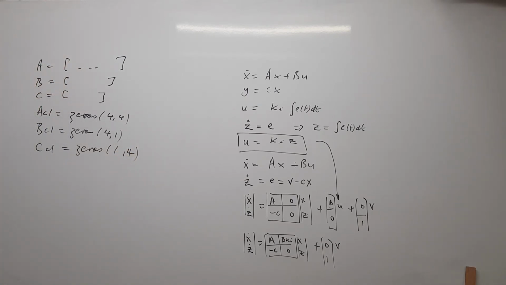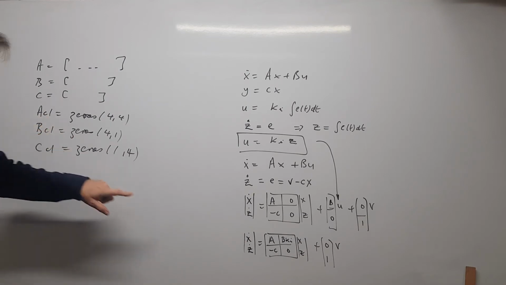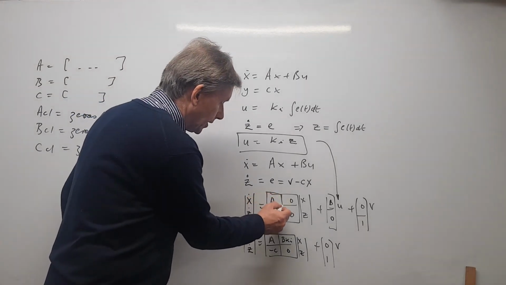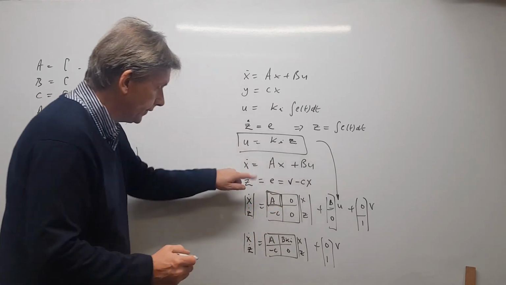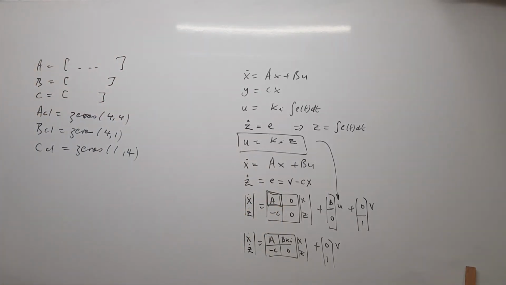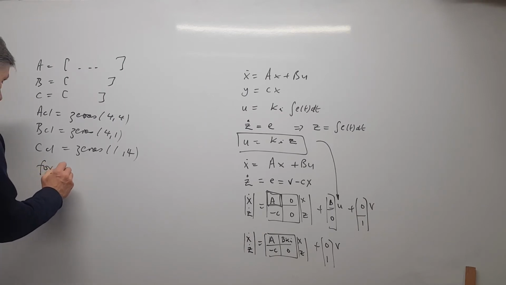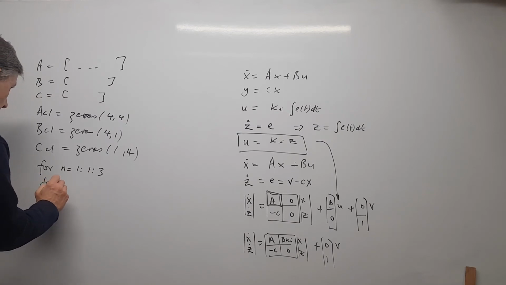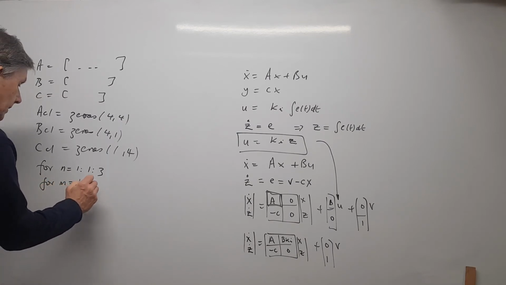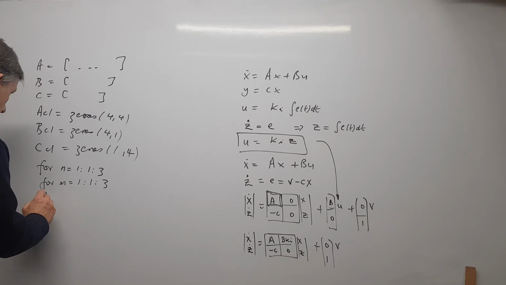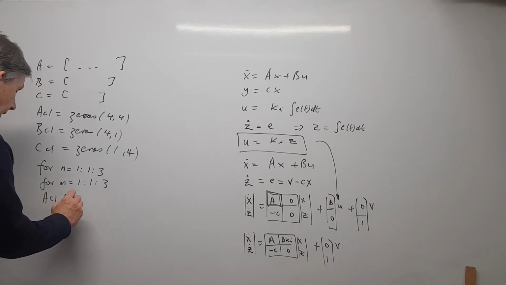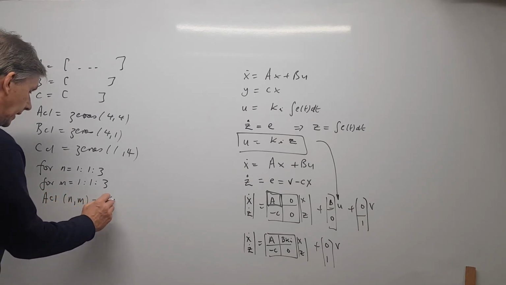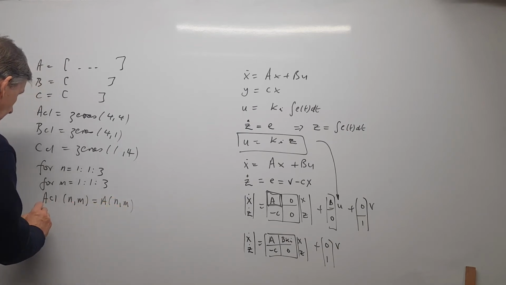Now what I need to do next is, into the ACL, I need to insert the A into this patch here. This is the first 3 by 3. So I'm going to do that with 2 nested for loops. So I have for n equals 1, step 1 to 3, for m equals 1, step 1 to 3, ACL(n,m) equals A(n,m), and then an end and an end.